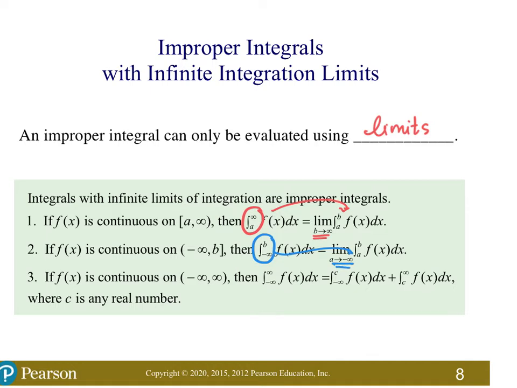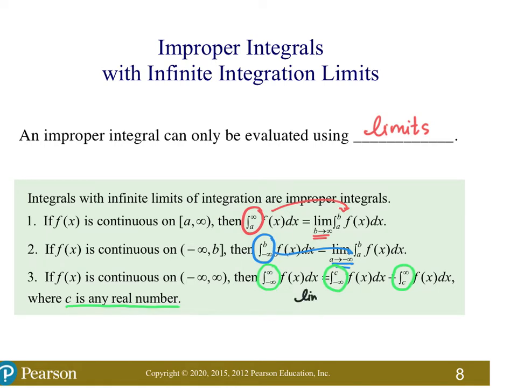And if you have both negative infinity to positive infinity, you will need to pick an arbitrary c value at which the function is defined, and you need to separate the integrals into something where c is the upper bound of one and c is the lower bound of the other. And then once you've done that, then you'll also include limits.